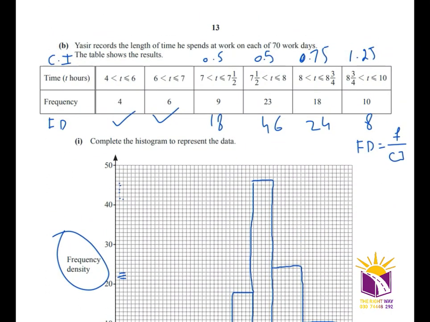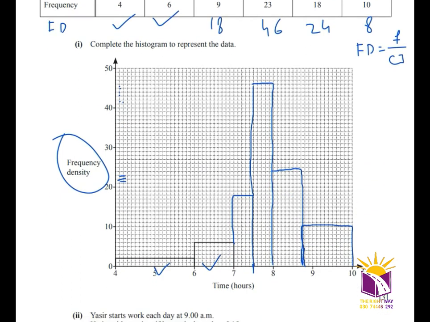For frequency density, you are going to find the class interval. Then frequency density will be equal to frequency divided by class interval. You can check it if you do not remember how to calculate frequency density. Class interval will be 2 for the first one, and 4. So 4 divided by 2 equals 2. Here frequency density is 2.